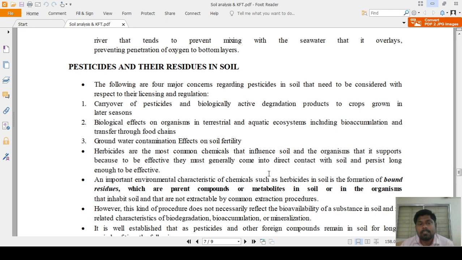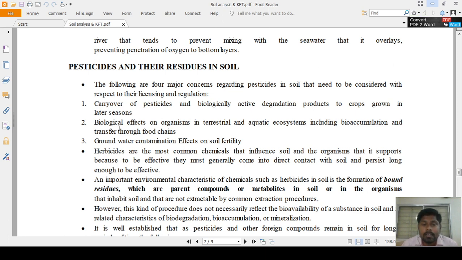Then, pesticides and other residues in the soil. How are pesticides and residues also added to soil as pollution? Some major points regarding pesticides need to be considered with respect to the licensing and regulation process. Number 1, the carryover of pesticides and biologically active degradation products to crops grown in the region.